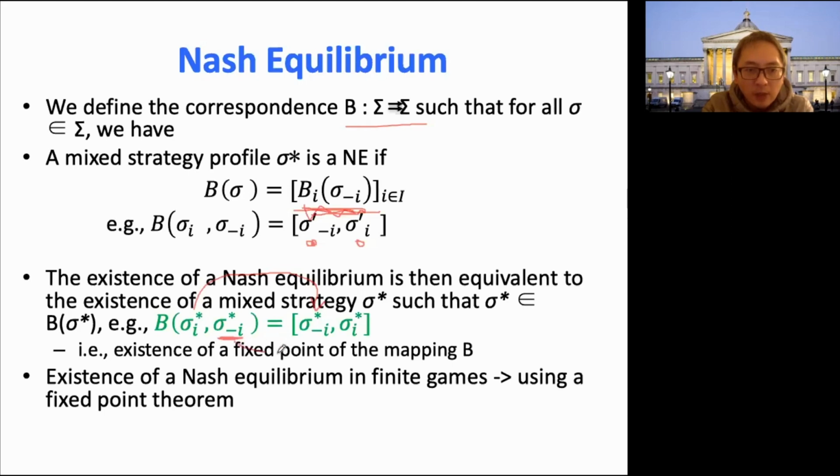And this is my best response for player i. And this is the best response for all the other players, conditional on my playing this sigma i star. So you can think about this as a kind of mapping.